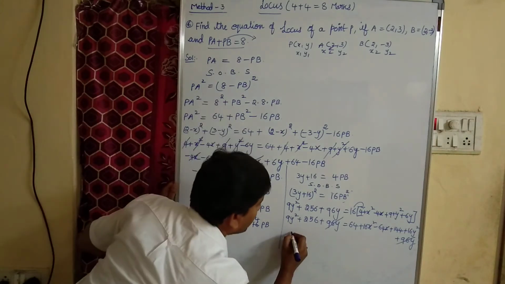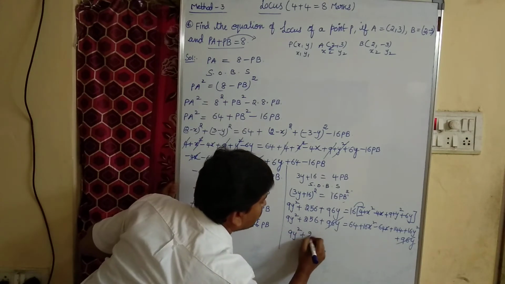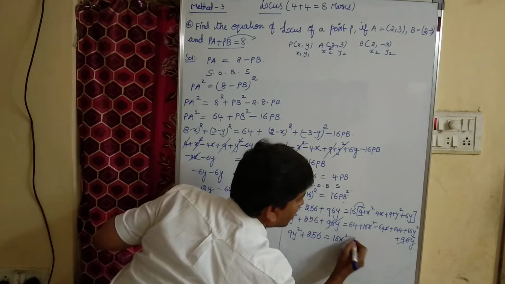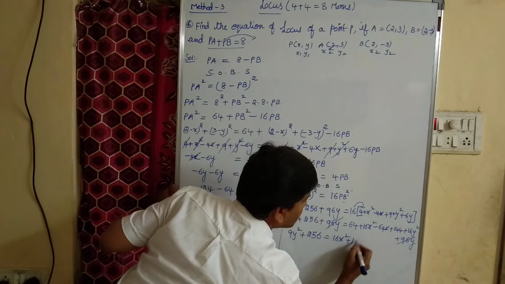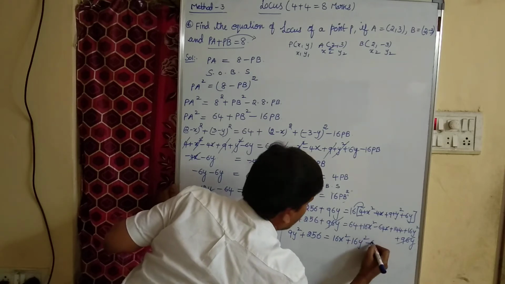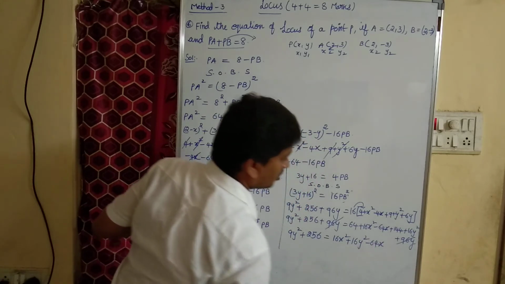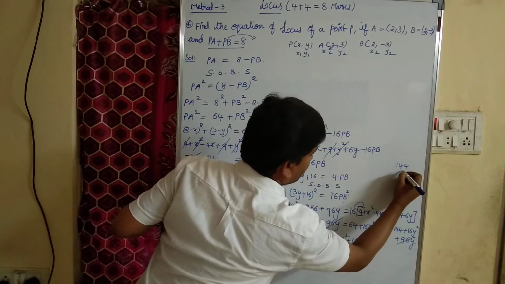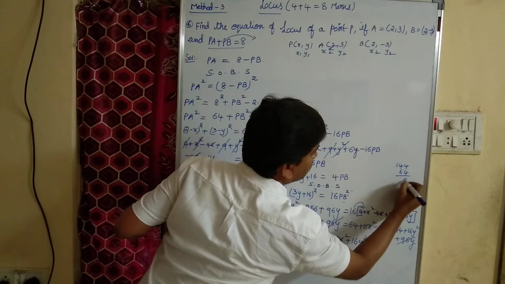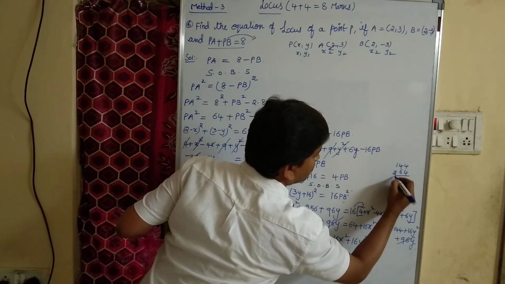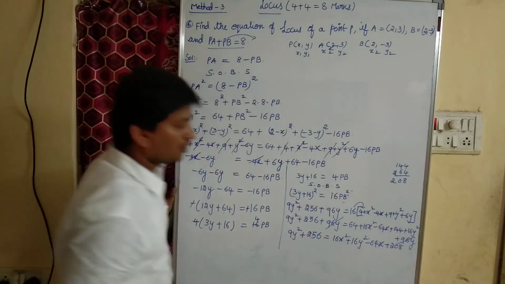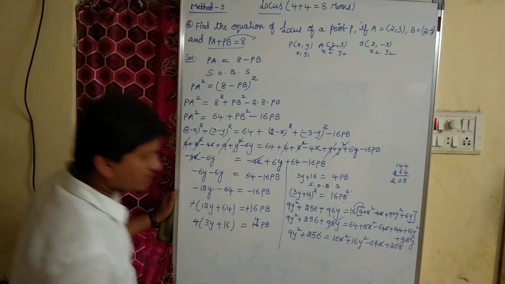and then we have 9y square plus 256 equal to, here we have 16x square and then we have 16y square minus 64x. So 64 plus 144, 144 plus 64, we have 208. Okay, let us transpose towards the right hand side.